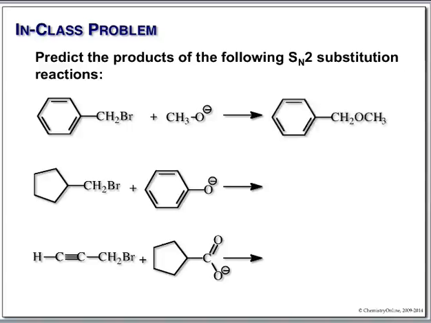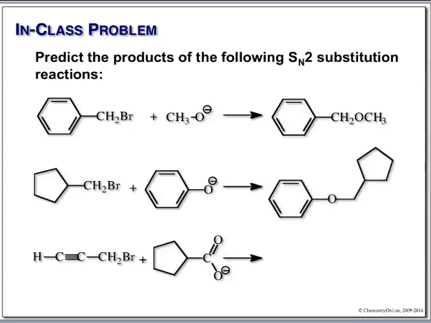Our second one, this is phenoxide. Chapter 17, we will do phenols, simply an OH here and a phenol. This is simply an alkoxide, just like this one, going to attack the primary carbon. Bromine leaves, and we make the ether.